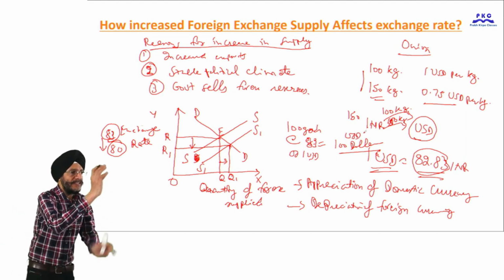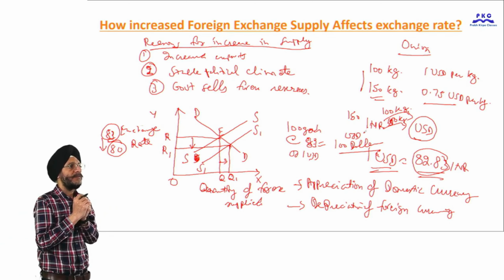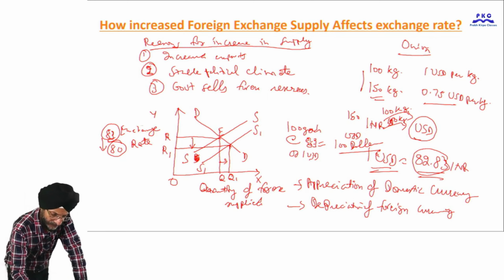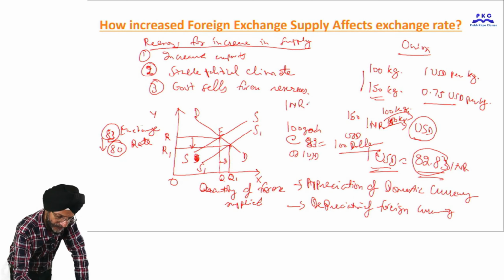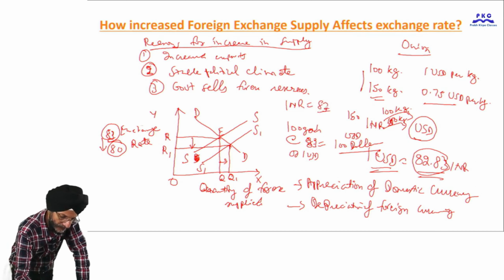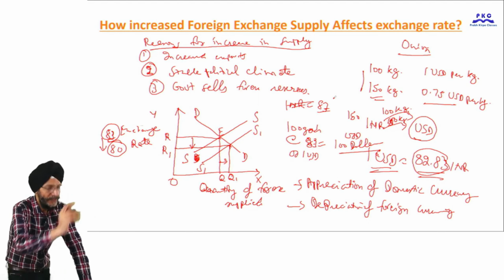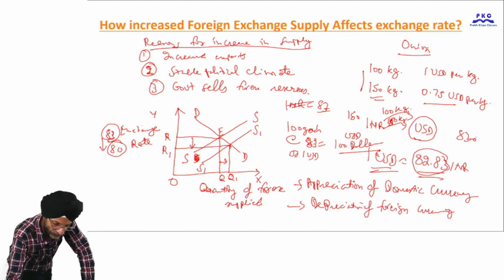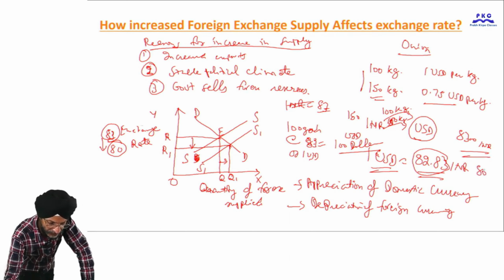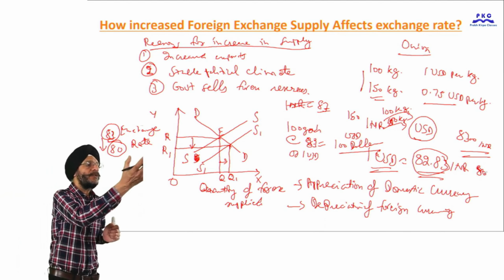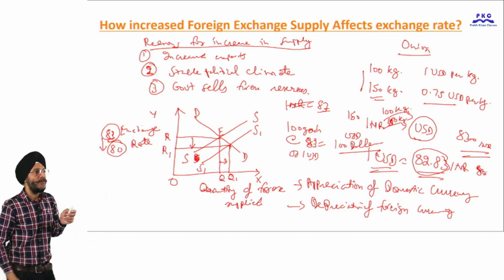But to get the same 100 goods, the price of the goods is the same 83 in Indian rupee. But they will have to pay 8,300 in Indian rupee terms. Now the value of $1 is only 80, so they will have to make more payment in US dollars. So it is depreciation of foreign currency.